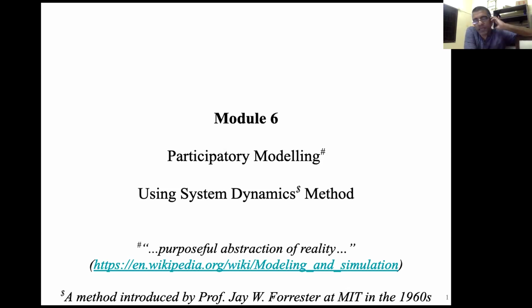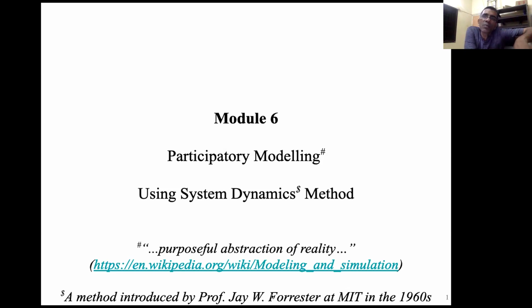Why? What is this participatory in the PM? Participatory modeling. I am assuming all of you have a feel for it. For example, when you want to send a rocket to the moon and you want to model that situation, you don't do participatory modeling. You do scientific modeling and that's enough. You do wind tunnel experiments and other things like that. Scientifically, you don't involve stakeholders as such.